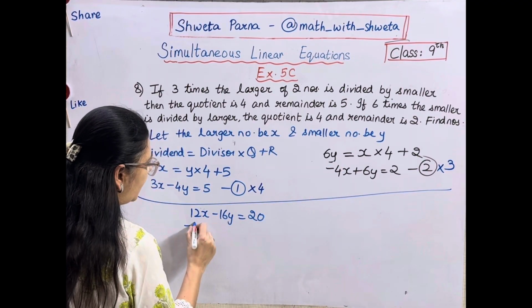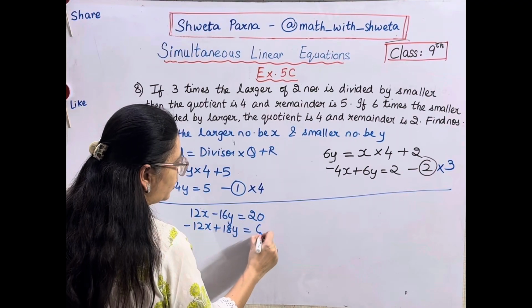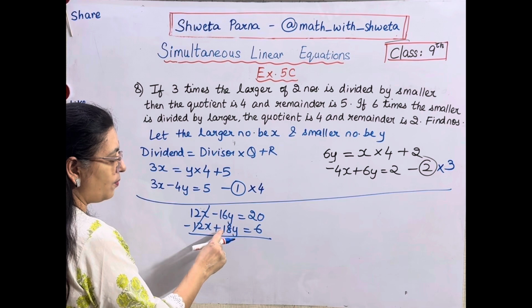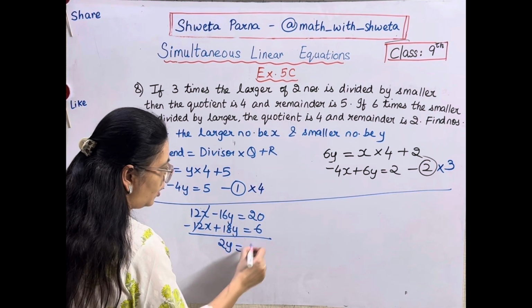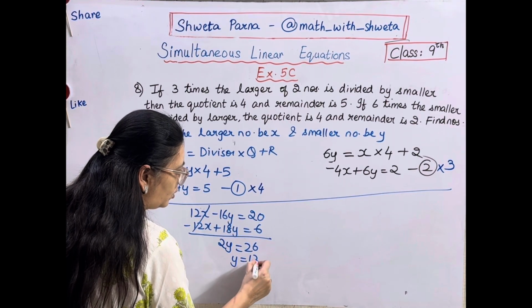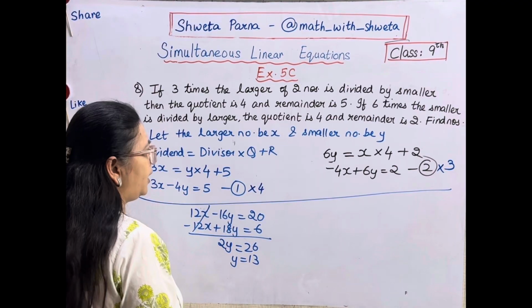And that will become minus 12x plus 18y is equal to 6. This gets cancelled. Minus 16y plus 18y is 2y. 20 plus 6 is 26. So y is equal to 13. 26 divided by 2.